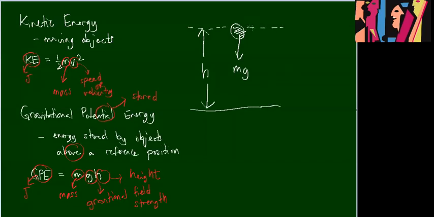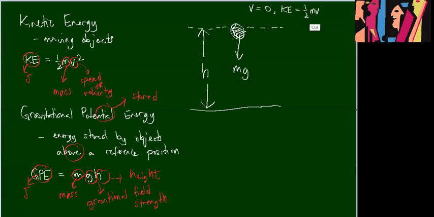Now at the top here, it's not moving yet. You're yet to drop this object. You're going to drop this object from rest. So at the top, the velocity is 0. Because the velocity is 0, that means the kinetic energy, 1/2 mv squared, must also be 0.